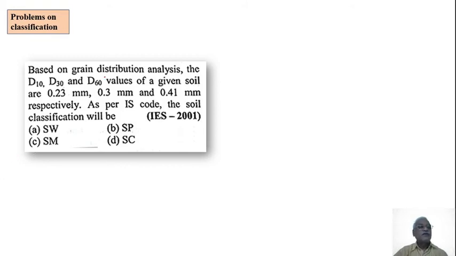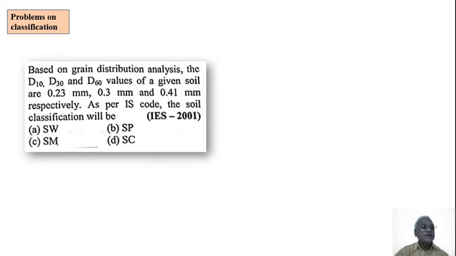Okay, based on grain size distribution analysis, the D10, D30, D60 values of a given soil are given. As per IS code, the soil classification will be, so it is sand only. The only thing is you have to find out whether it is SW, SP, or SM, or SC.